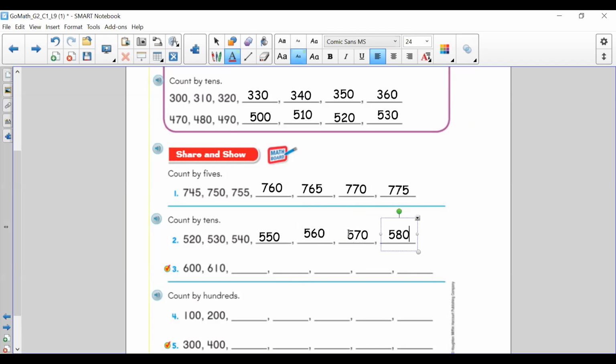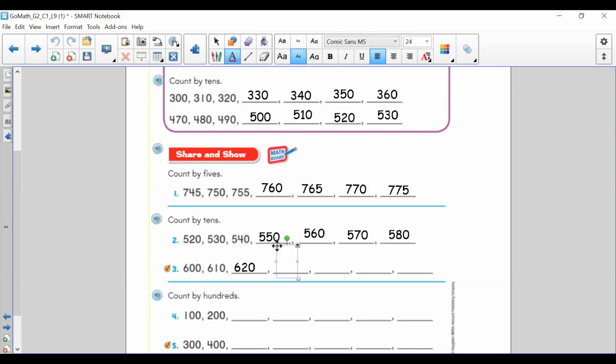And we all know how to count tens like that. But can we count starting in the hundreds? Still counting by tens, 600, 610. Can you think of what comes next? 620.